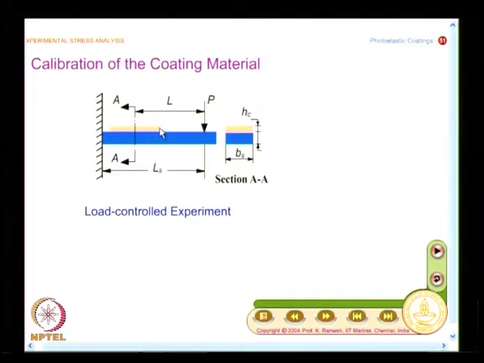This is made of the adhesive. Another advantage of an approach like this is that the coating material is very precious. So, you put the coating only on a portion of the cantilever beam on the top, thereby you save the amount of coating material.